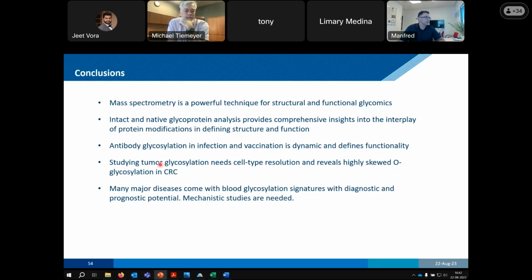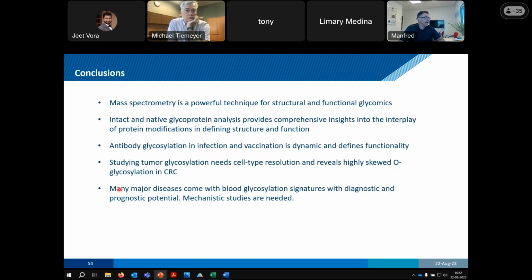Now, for tumor glycosylation, we need cell type resolution because a cancer cell is different from a fibroblast which surrounds it. So you need this resolution by laser capture microdissection. And then we were astonished to see very highly skewed O-glycosylation signatures with a therapeutic potential in CRC.